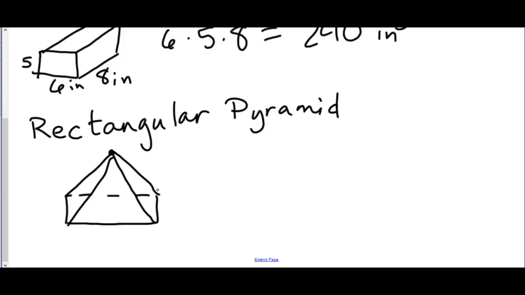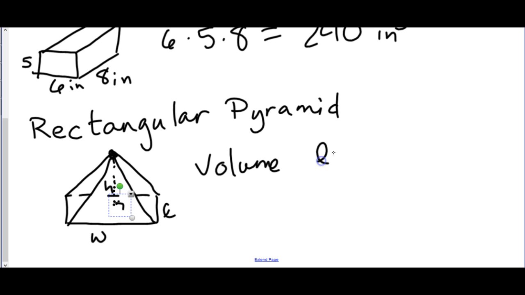So same idea, it has a length and a width. And then from the center point down to the middle is the height. So rectangular pyramid is almost the exact same volume formula.